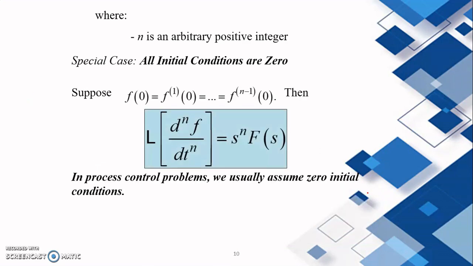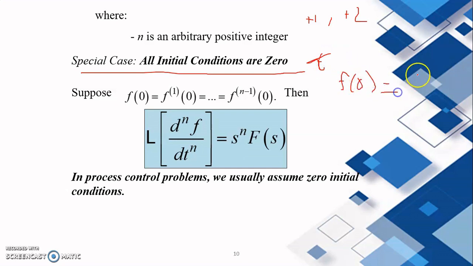So n is an arbitrary positive integer. We have positive 1, positive 2, meaning the derivative of positive integer order. When all the initial conditions are 0, the equation just now can be simplified into this general equation, in the condition where all initial conditions are 0.